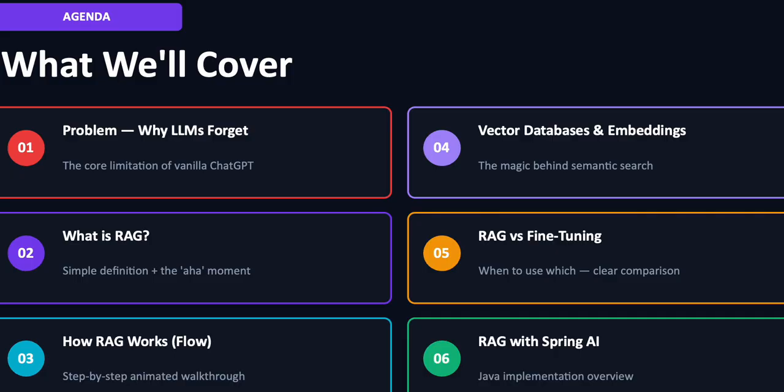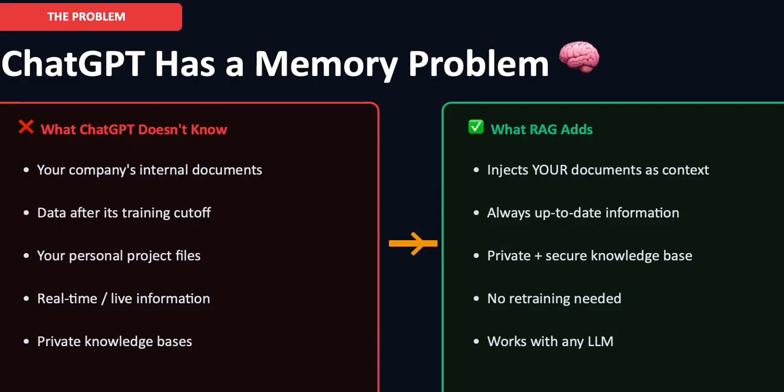Then we will understand what RAG actually is, how it works step by step, what vector databases and embeddings are, and how RAG compares to fine tuning, and finally, how to implement RAG using Spring AI in Java. So let's begin. Let's start with the problem.